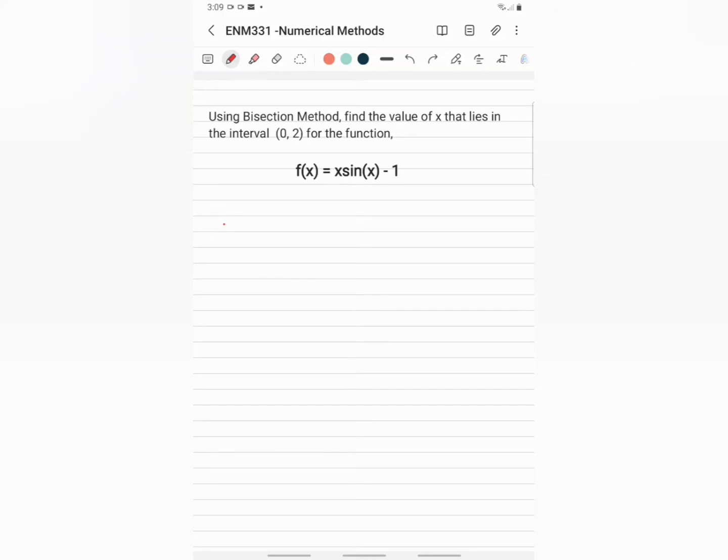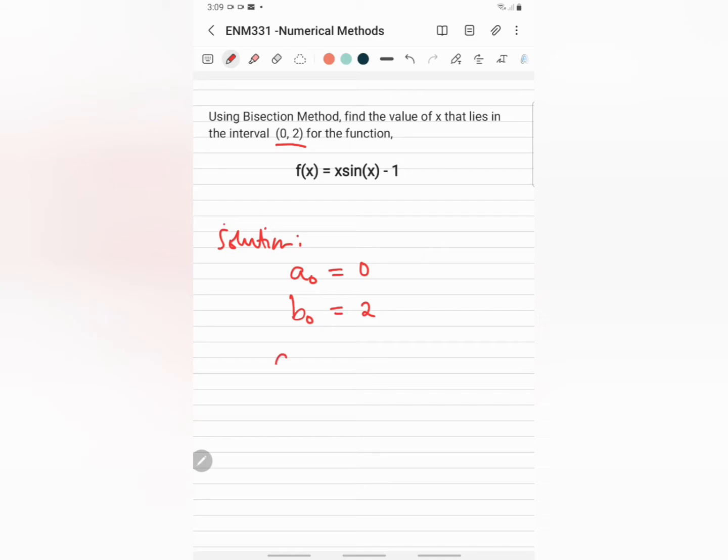In this example, we will use the bisection method in finding the value of x that lies in the interval between 0 and 2 for the function f(x) equals x times sine x minus 1. For the initial values of the endpoints, the left endpoint a0 is equal to 0 and the right endpoint b0 is equal to 2.